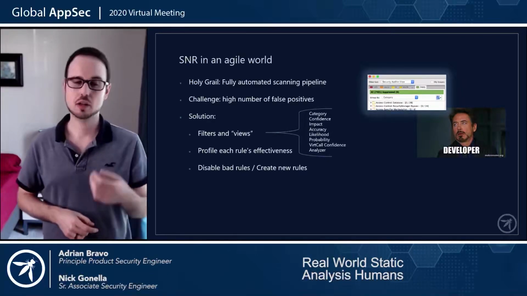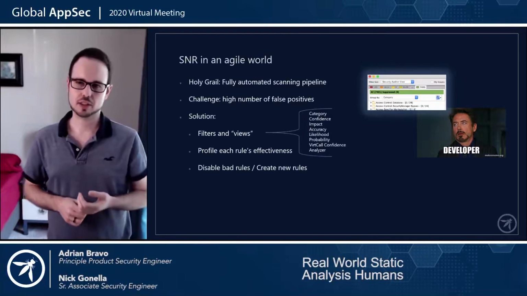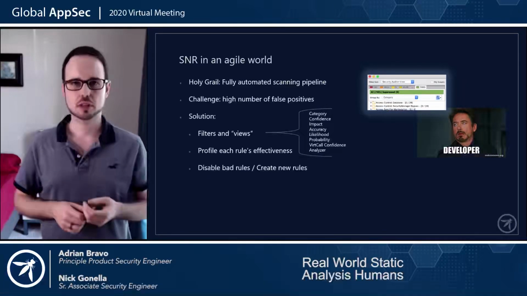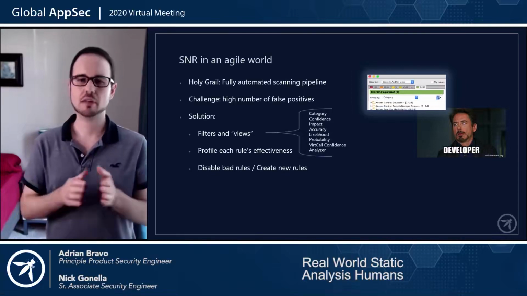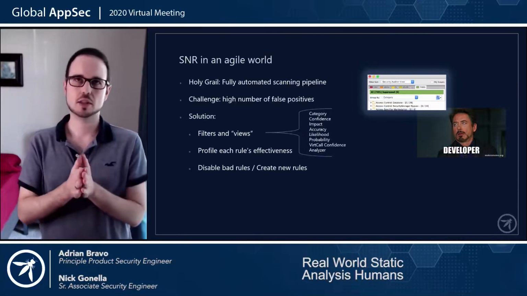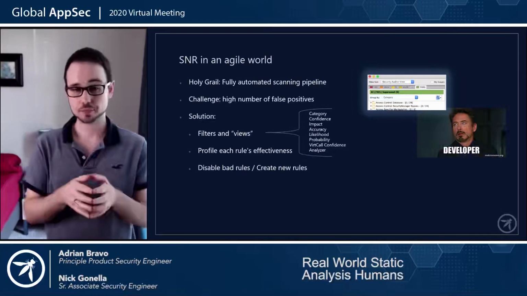The last bit here is profiling each rule's effectiveness. We have started collecting the data here, and we will start profiling soon, but we haven't gotten enough data so that the results will be statistically significant.